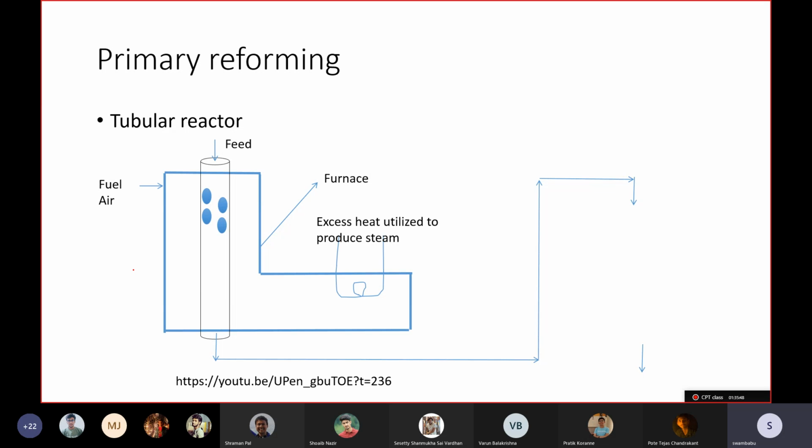So this is the feed section, where we have the methane and steam being introduced.